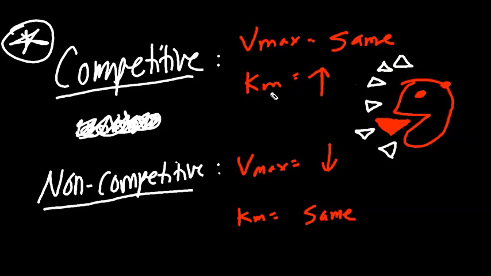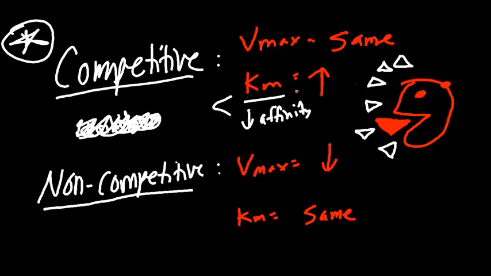I say it's increased in Km because Km is the binding affinity. You're going to decrease the binding affinity. An increased Km means a decreased affinity. We already covered that. That's something that you really should commit to memory because it affects inhibitors as well.